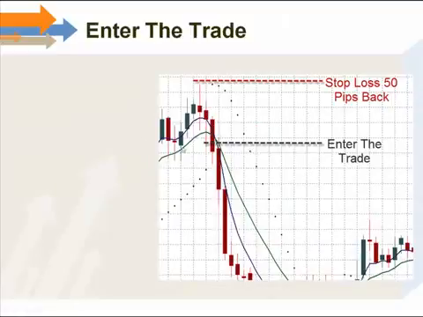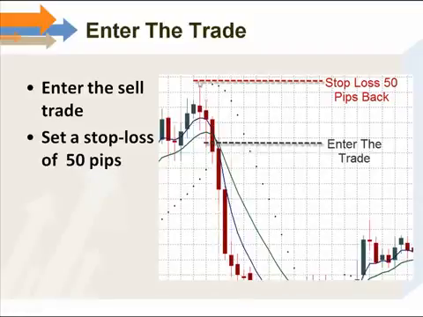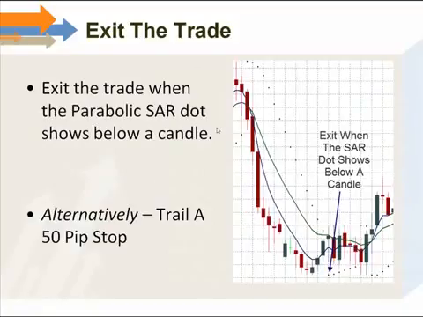So let's do that. We enter the sell trade at that point, and we set a stop loss, 50 pips back from the entry point, to protect us in case things don't go our way. Then once we're in the trade, we exit when the parabolic SAR dot appears below a candle.